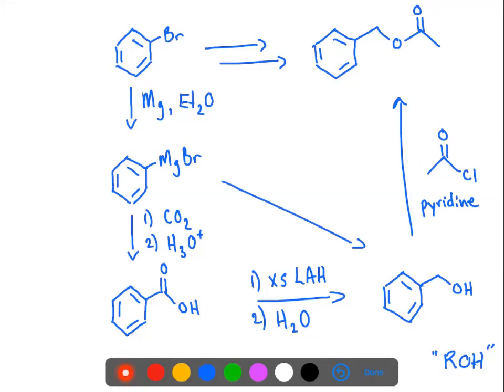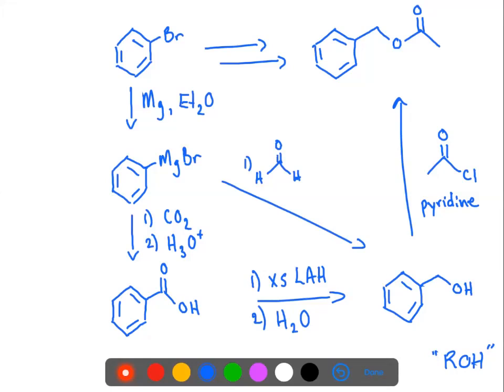There are various small molecule electrophiles that we could use. And in this case, we could use formaldehyde. This would be a similar strategy for increasing the amount of carbon by 1 by using the smallest aldehyde.